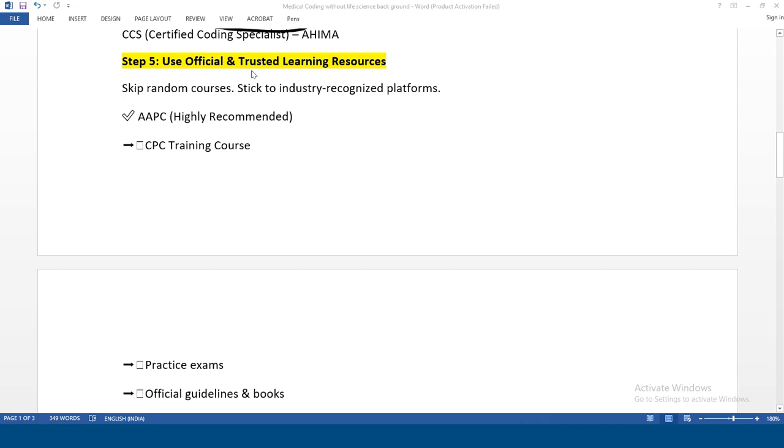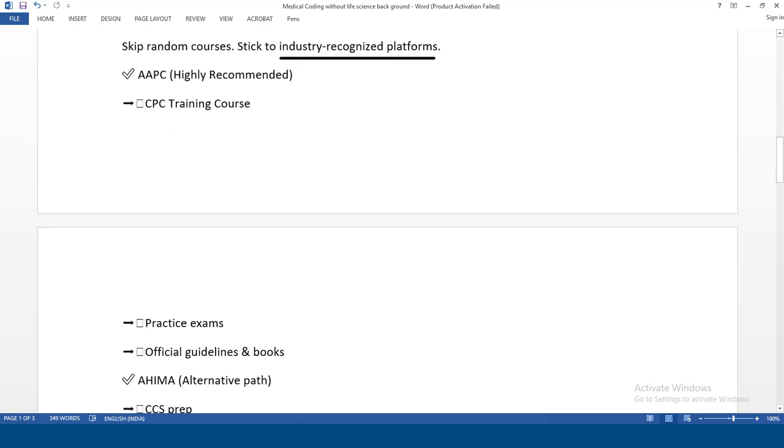What is step 5? Use official and trusted learning resources. Do not take courses from unauthorized institutions. You need to learn from industry recognized platforms. For example, if you want to become an outpatient coder or inpatient coder, you will get certification and medical coding training from AAPC.